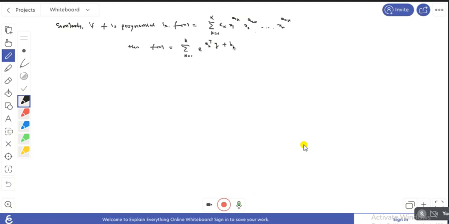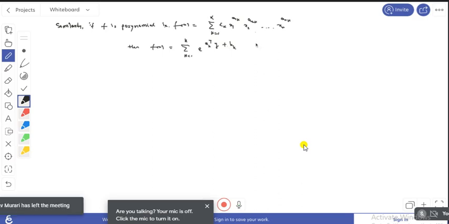Each individual monomial is the exponential of an affine function, and the polynomial, being their summation, is the sum of exponentials of all these monomials.